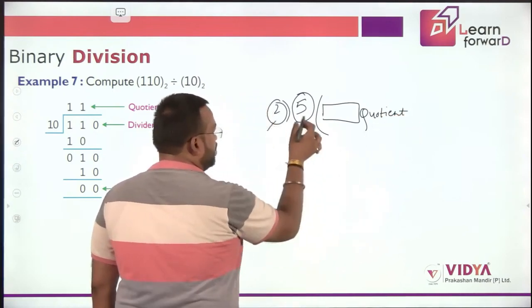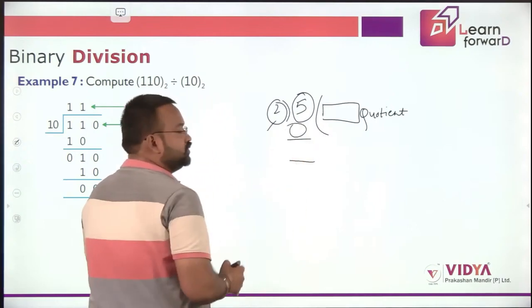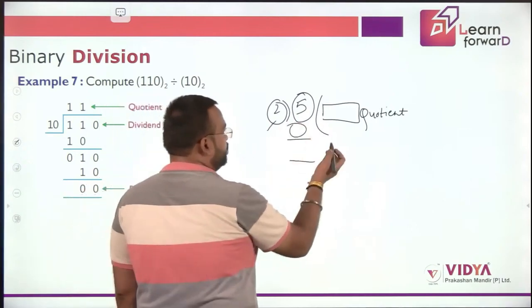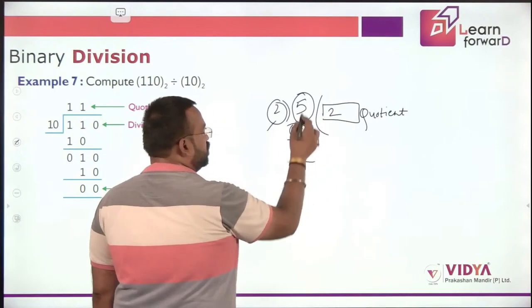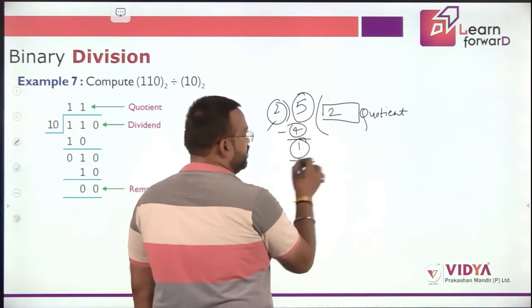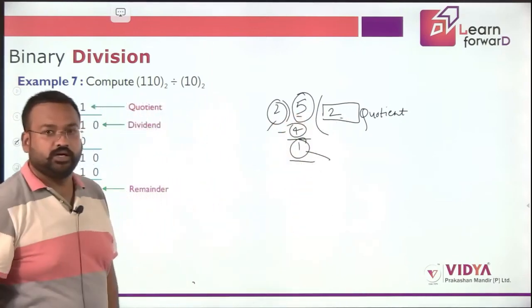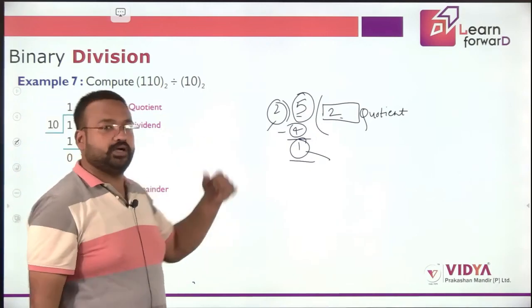And whatever will be the remainder, we write it over here after subtracting. So if I go for this sum, 2 2s are 4, and after subtracting over here I would get 1. So this would be my remainder, this is the divisor, this is the dividend, and this is the quotient. Okay, let's see how it works in binary.